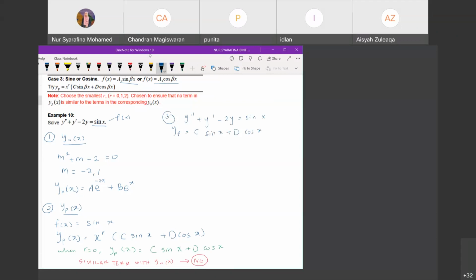Then you need to have y prime and y double prime. What is your yp prime here? Anyone? What is your yp prime and your yp double prime?